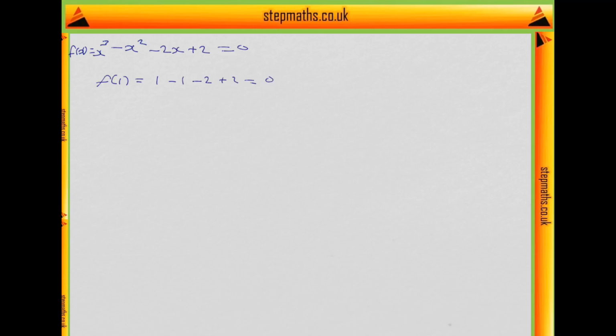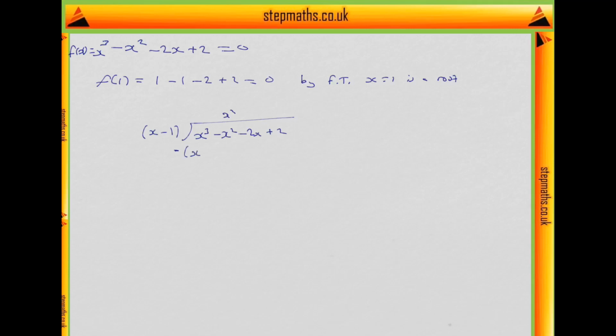So by the factor theorem, x equals 1 is a root, which means we have x minus 1 as a factor. Let's see if we can divide this to get our other roots. We use our algorithm. What multiplies x to get x cubed? Well, that's x squared.